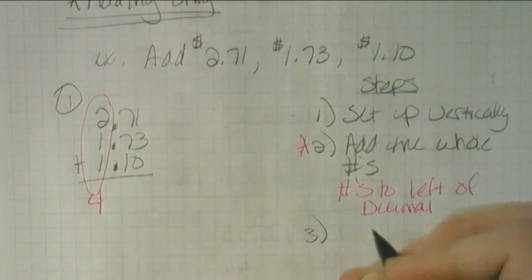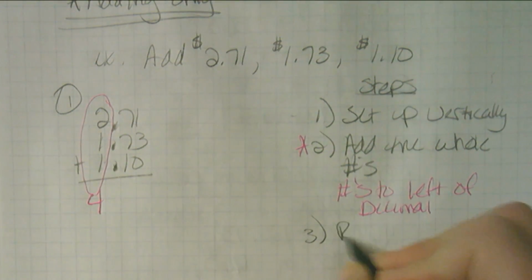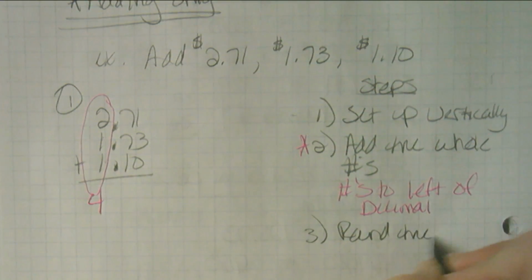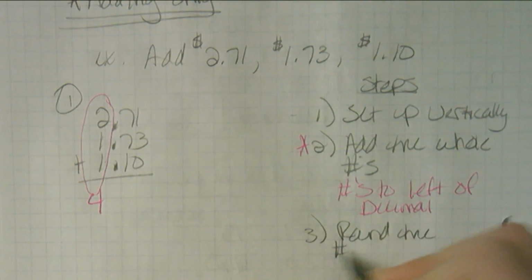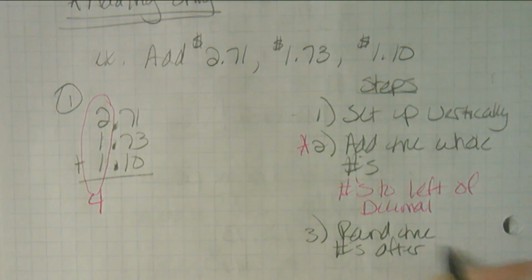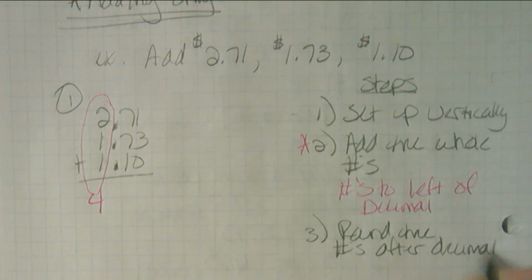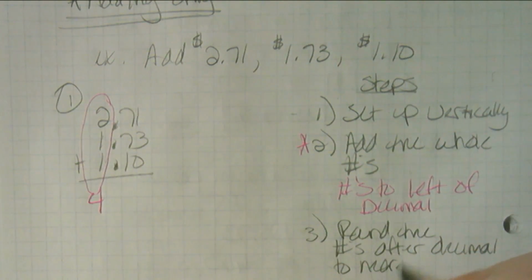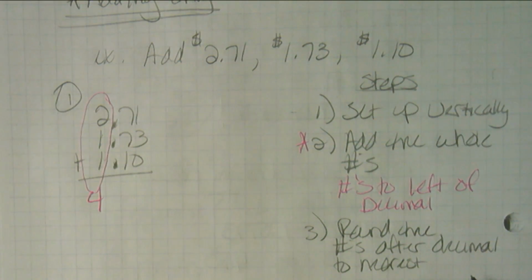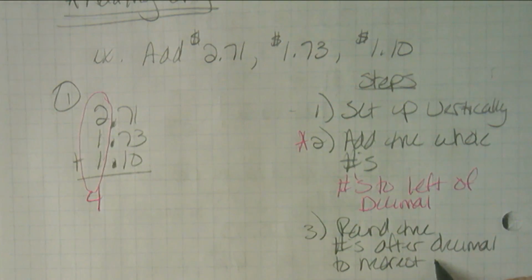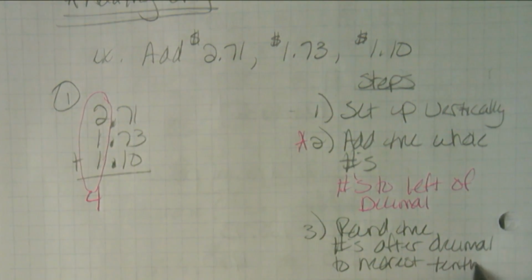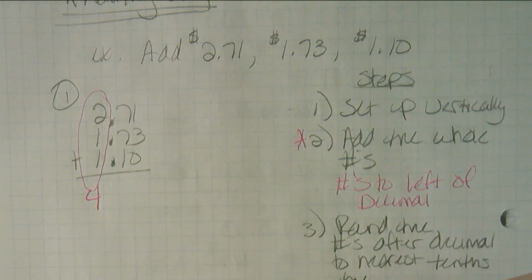The next thing you're going to do is round the numbers after the decimal to the nearest tenths. Then add them.